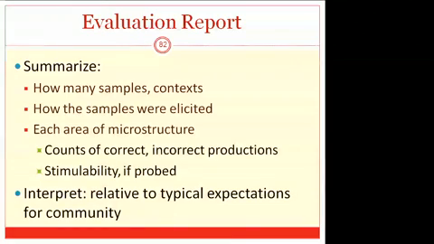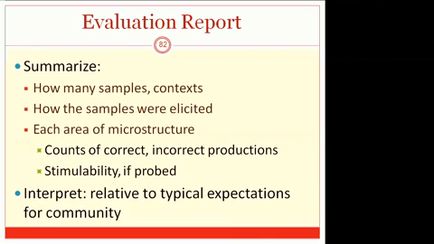When it's time to write the evaluation report, we will want to summarize all of these components of microstructure and how the student has performed in this narrative. So we'll want to write a summary of how many narrative samples were collected and in what context.